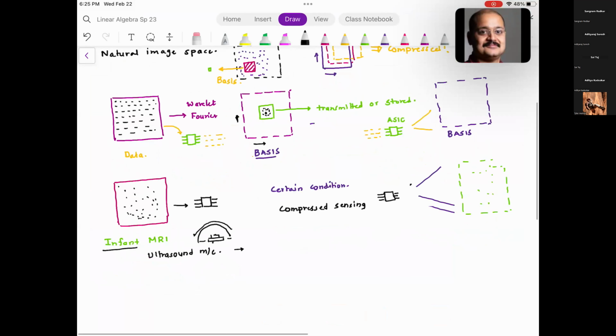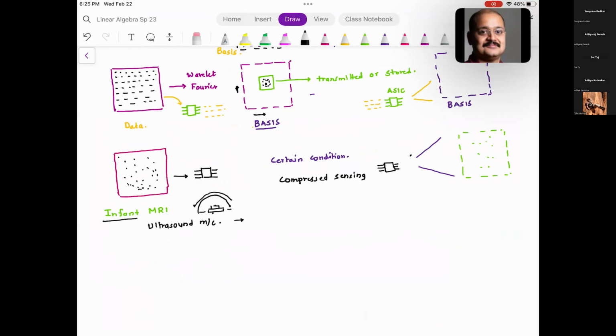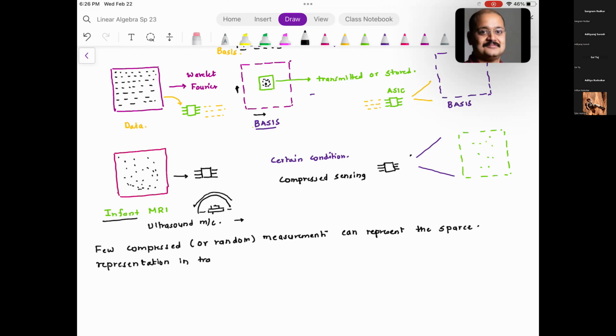The principle of compressed sensing is that few compressed or random measurements can represent the sparse representation in a transform basis.